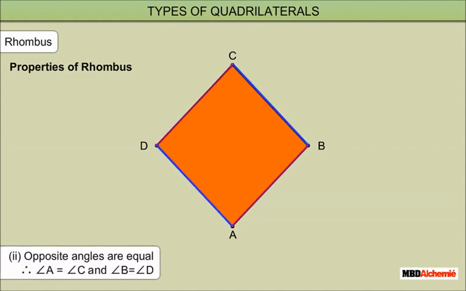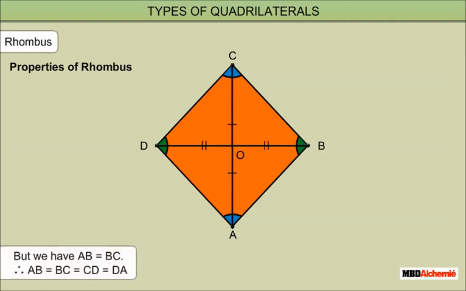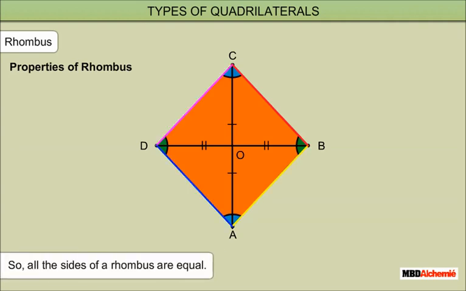Opposite angles are equal. Therefore, angle A is equal to angle C and angle B is equal to angle D. Diagonals bisect each other. AO is equal to OC and BO is equal to OD. But we have AB is equal to BC. Therefore, AB is equal to BC is equal to CD is equal to DA. So, all the sides of a rhombus are equal.